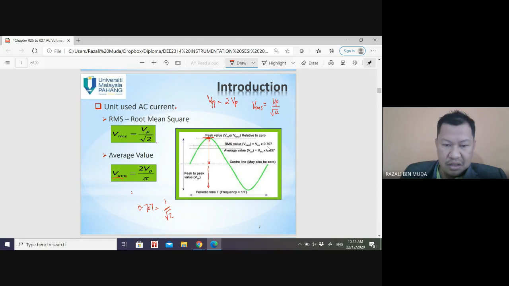Use your calculator to check. Average value is V peak multiplied by 0.637, which equals 2 over pi, where pi is 3.142. The center line must be 0.